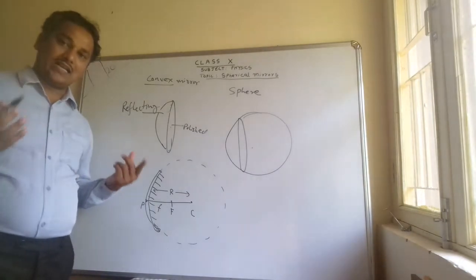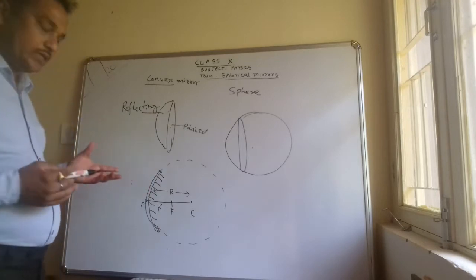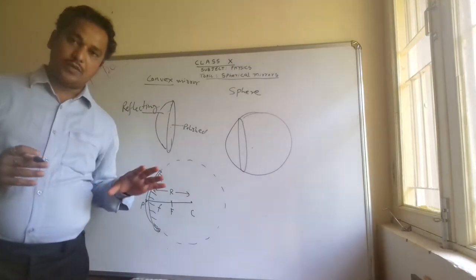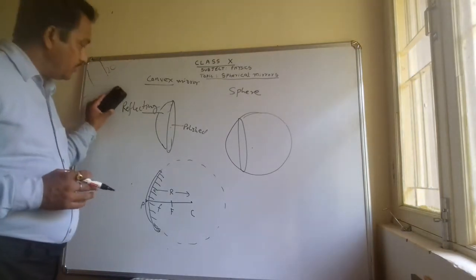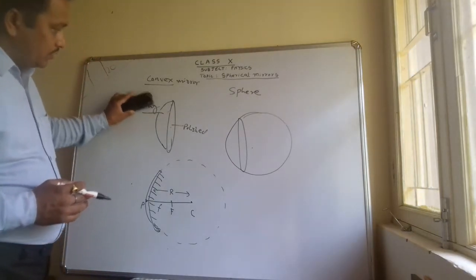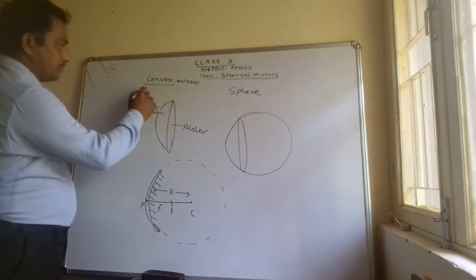So the new Cartesian sign convention we will discuss now, so that we can know where the object will be placed and what will be the sign, plus or minus, of any object or image or focal length, radius of the curvature. What is the other name of this convex mirror? Diverging mirror.